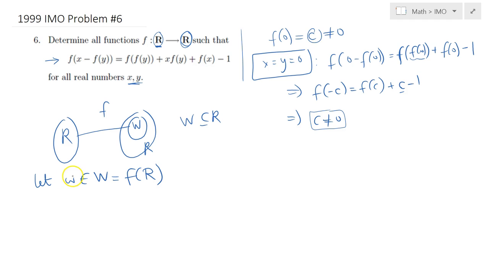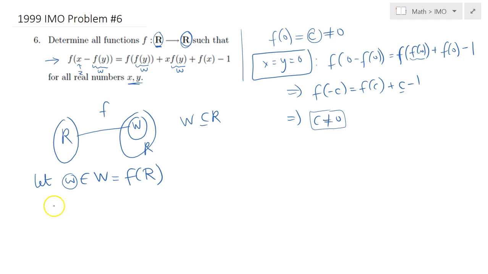And so if we replace f of y here with w, and w here, and w here, and I'm also planning to replace x with say z, just for notation sake.